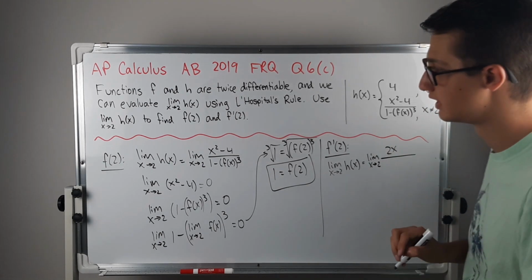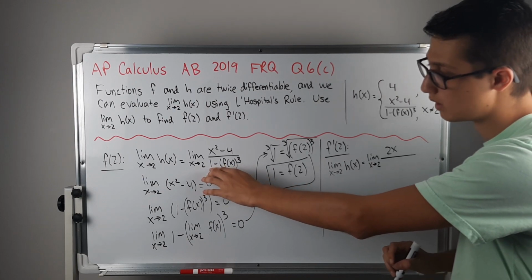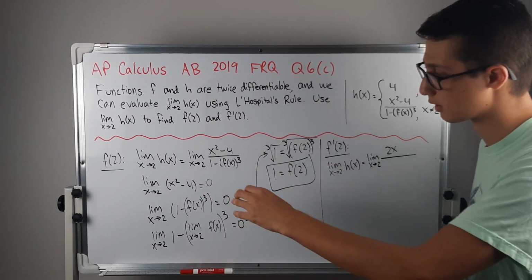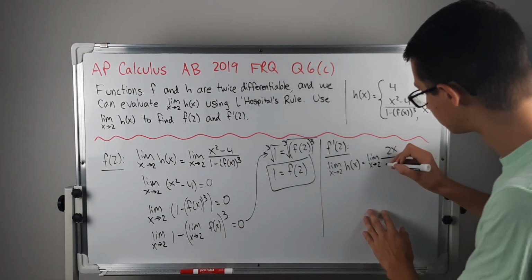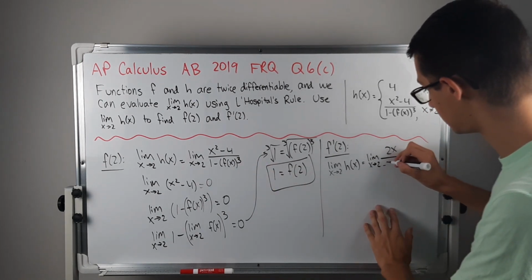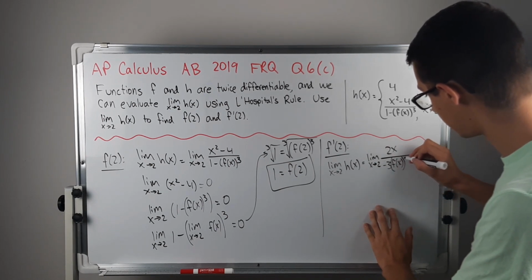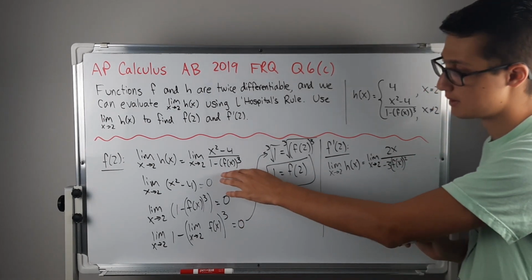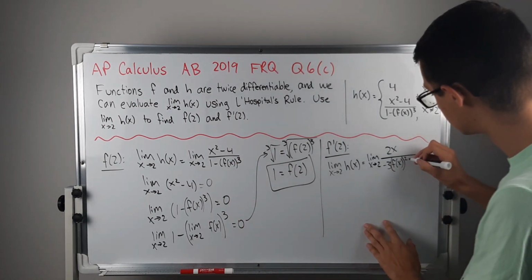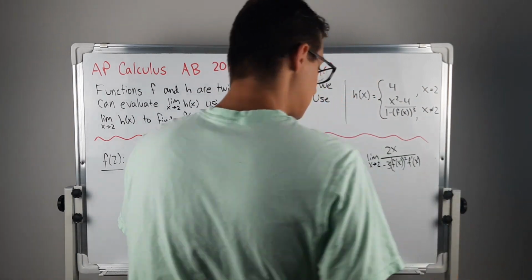And then the derivative of the bottom: 1 is just a constant, so that's 0. We still have that negative, and we can use the power rule here, so negative 3 f of x squared, multiplied by f prime of x, because of the chain rule.